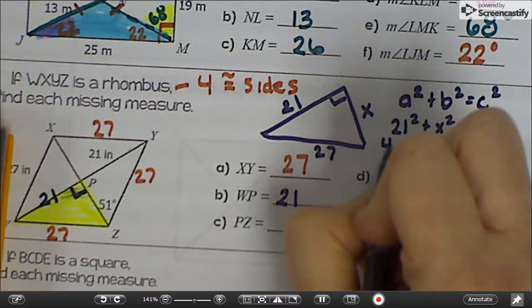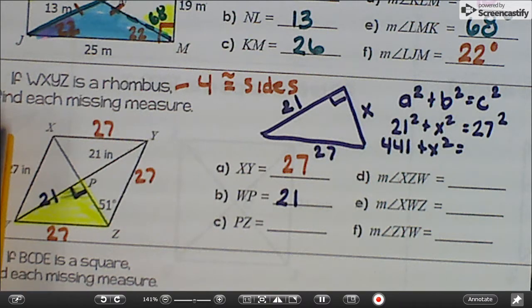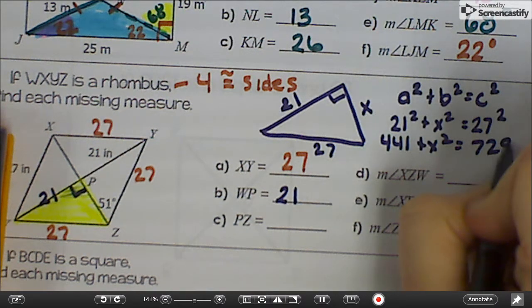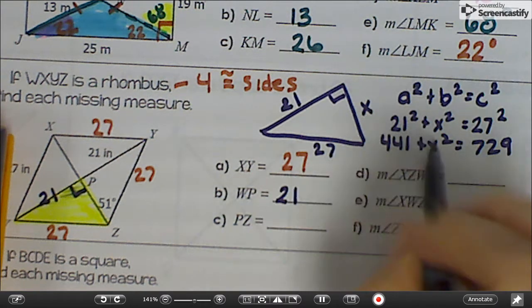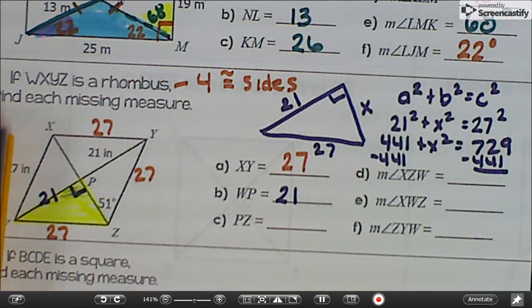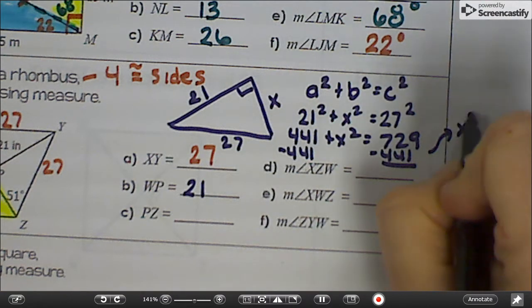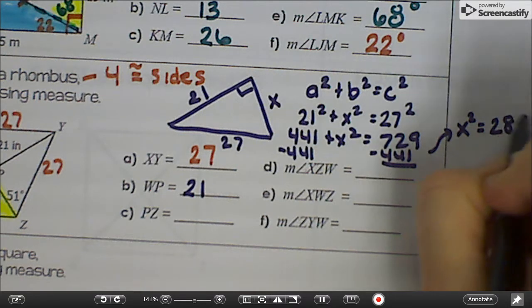So 441 plus x squared equals 729. I'm going to subtract 441. So x squared equals 288.